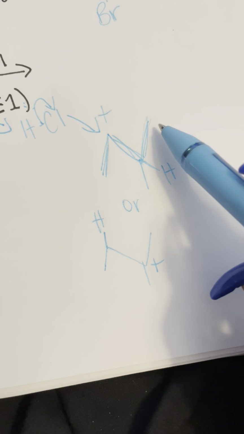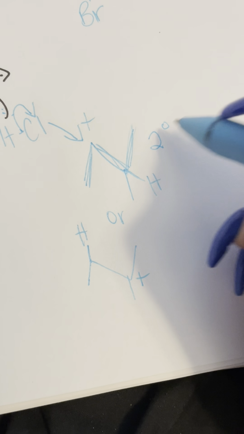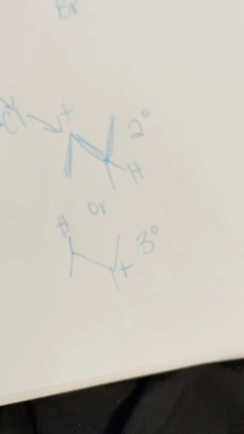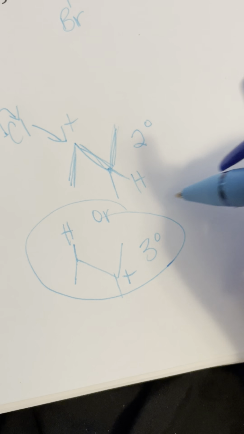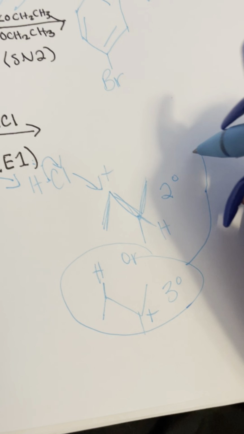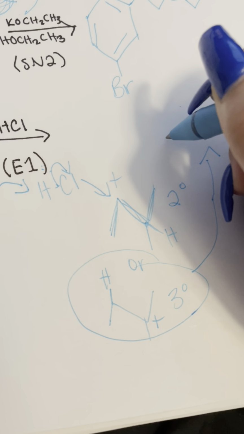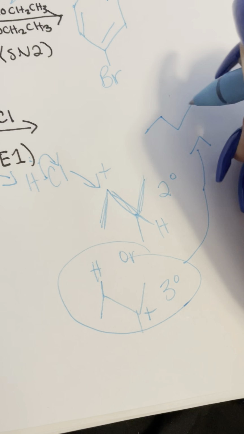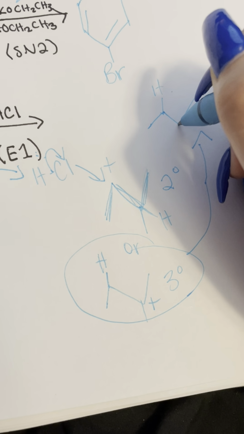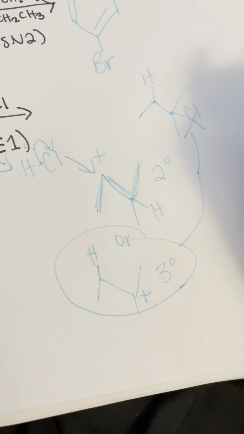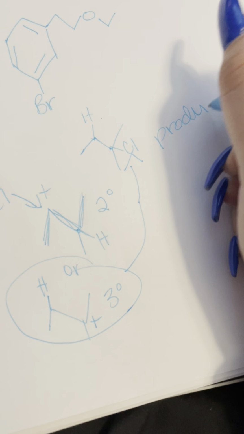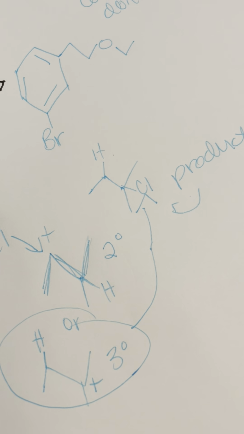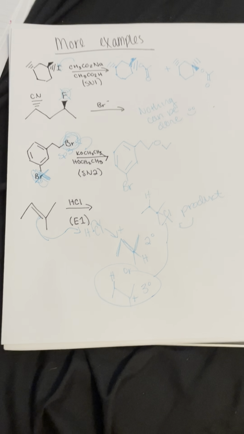This is better than this one. This is a secondary, while this one is a tertiary. The tertiary is fastest in an E1, so we use this, and we'll bring it back up, and we will create our product. Keep the H, and we replace the hole with the Cl. And this is the product. And those are the examples.